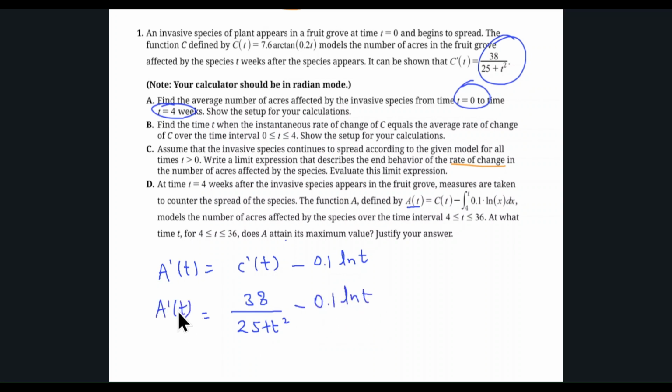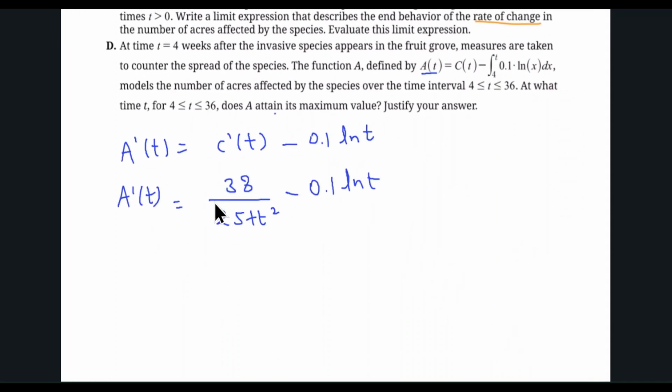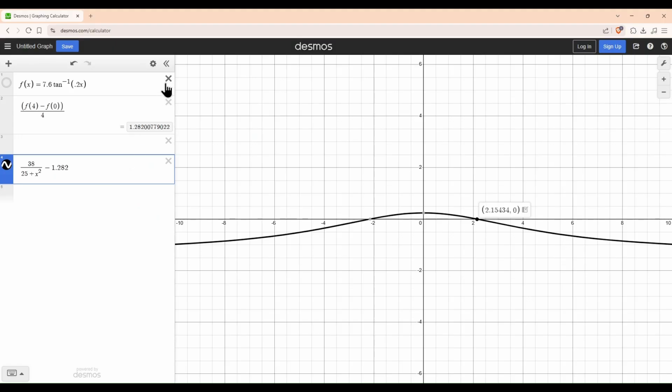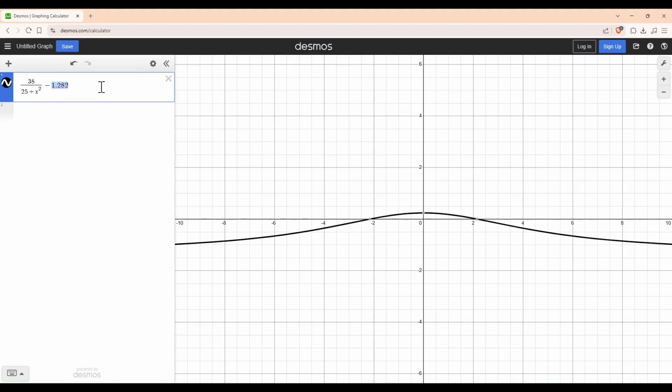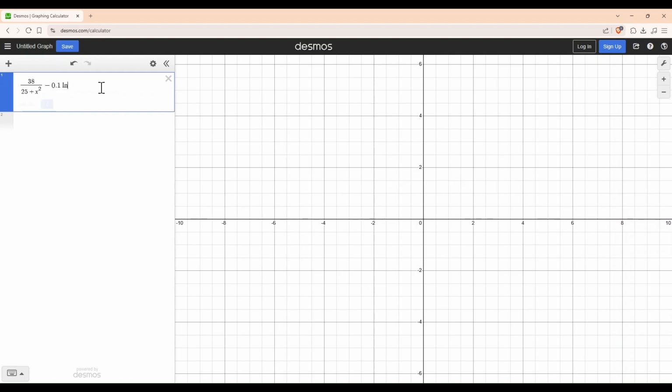First, I need the critical points, and then I can use the candidates test. For the critical points, I need to graph this and find the zeros or where the function itself, A prime, is undefined. So if I graph this up, this is already there, so I need to type in negative 0.1 natural log of x.